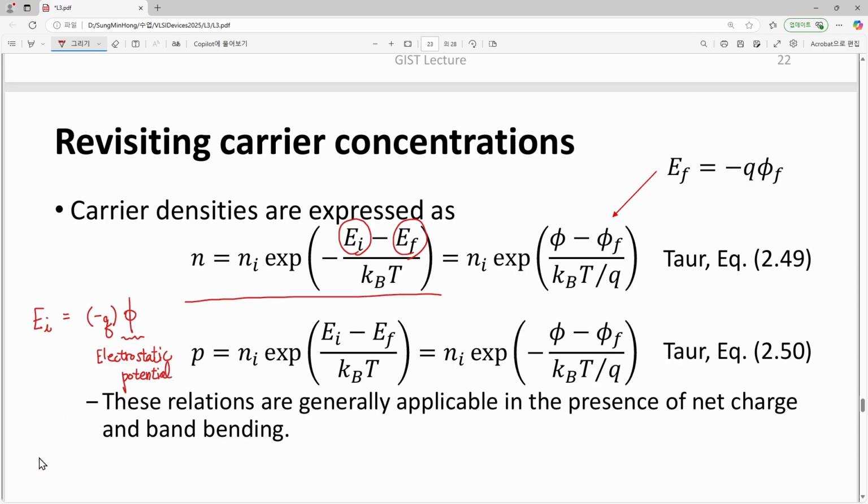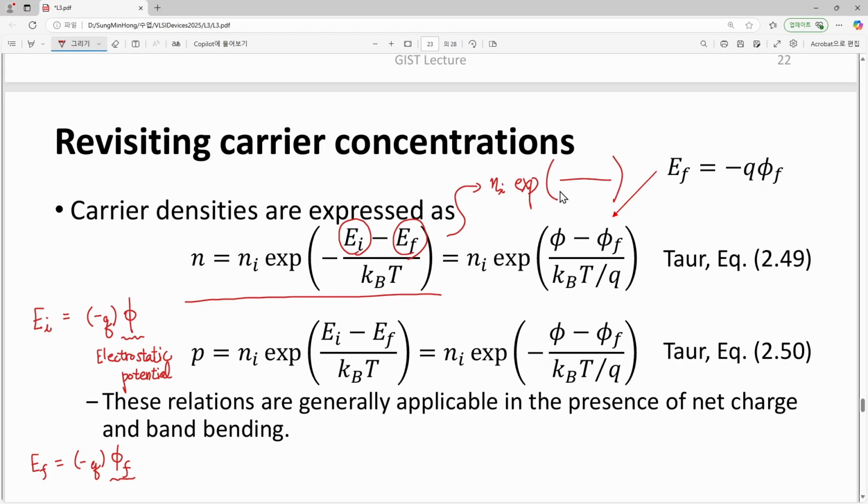Also, in order to express this Fermi level, let's write it down as phi_f, and let's call it the Fermi potential. If we just introduce minus q, then how can we write it down? n_i, the intrinsic carrier density, is there, and exponential, and now we have minus q all over there.